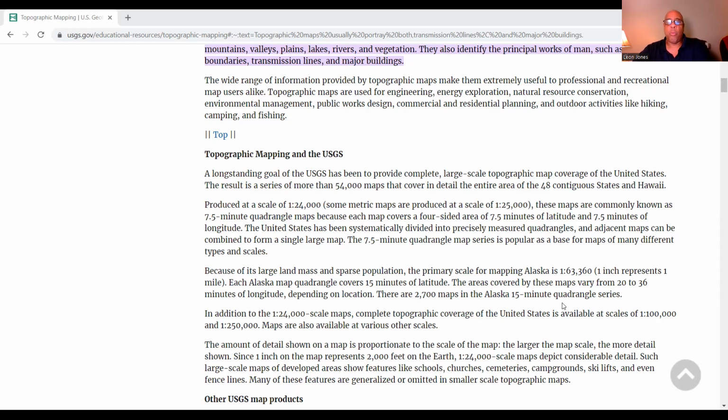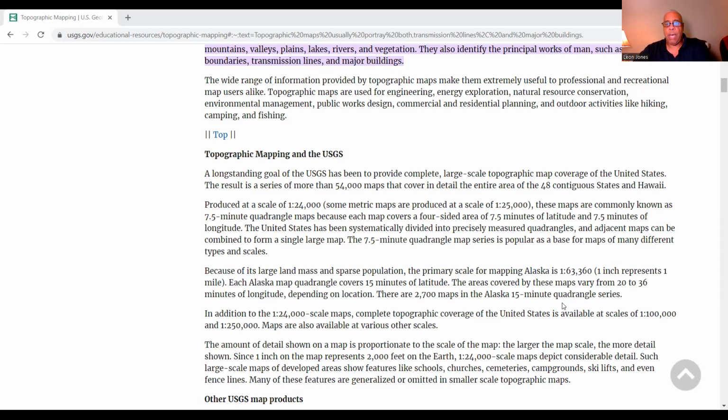In addition to 1 to 24,000 scale maps, complete topographical coverage of the United States is available at scales of 1 to 100,000 and 1 to 250,000. Maps are available at various other scales. The amount of detail shown on a map is proportionate to the scale of the map. The larger the map scale, the more detail shown.